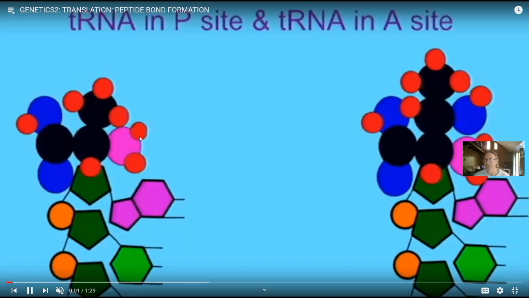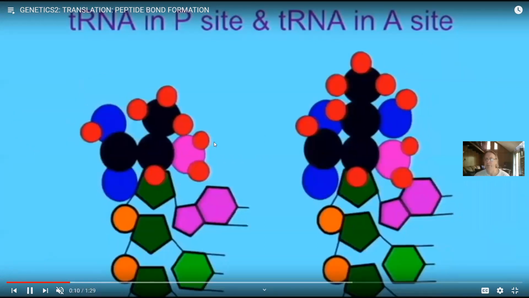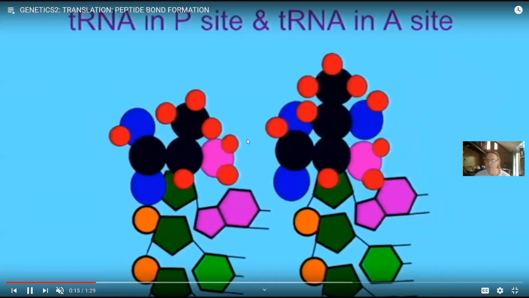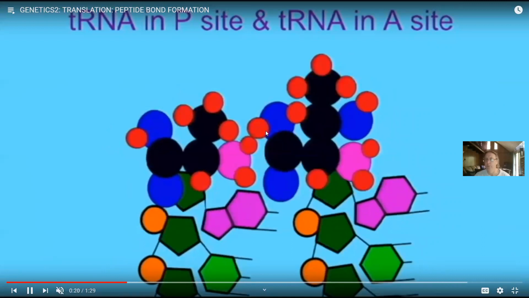So once again, here's a different animation. So we have an amino acid in the P site. We have amino acid in the A site. Notice that all of them have a free H and a free OH. And if we then remove them, take the OH from one and the H from the amino group, then we've removed water. That's a dehydration reaction.